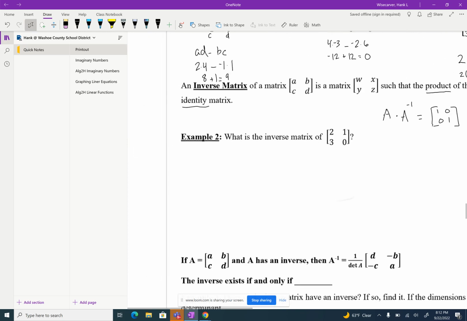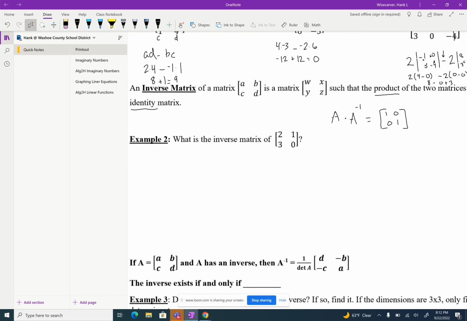Okay, so in order to find the inverse of a matrix, you need to find the determinant first. It's going to be 1 over the determinant. That becomes your scalar multiplier, and then you multiply it by every number inside of the matrix. So let's find the determinant first.